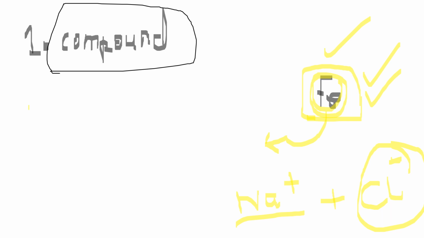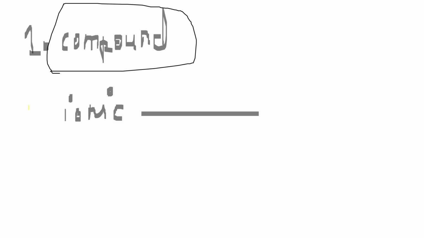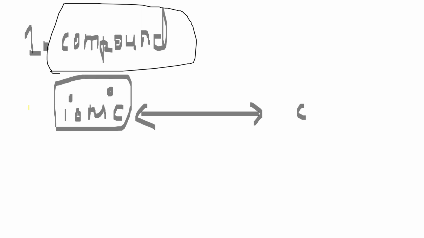But here the condition is that for dissolving, for ionization, what should be the first step? It should be a compound. Apart from that, it is stated that ionic bonds, the bonds which produce ions, are weaker as compared to the covalent one.